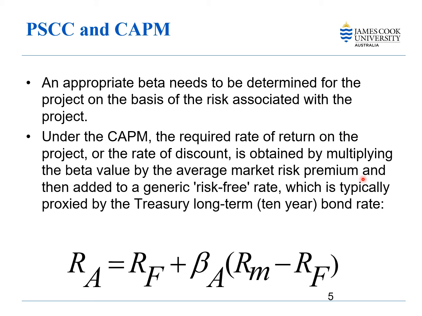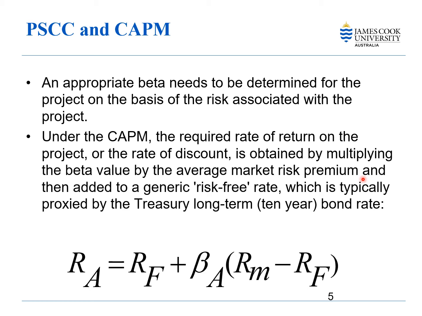So when we are assessing a project, we can choose an appropriate beta on the basis of the risk associated with the project. If this is a mining project, then we can use a beta higher than 1. If this project is of low risk, then we can use a beta lower than 1.